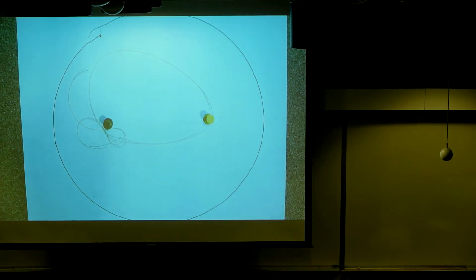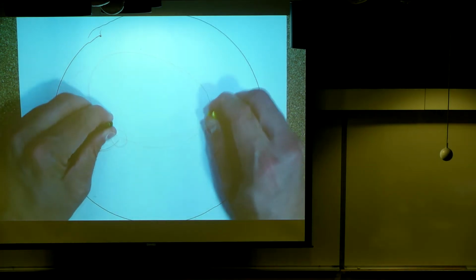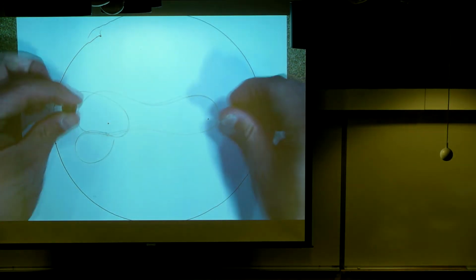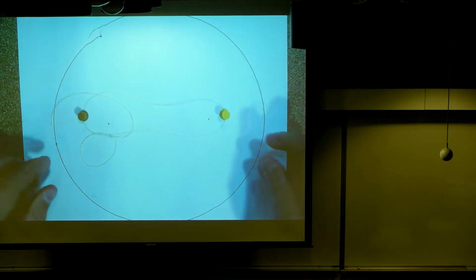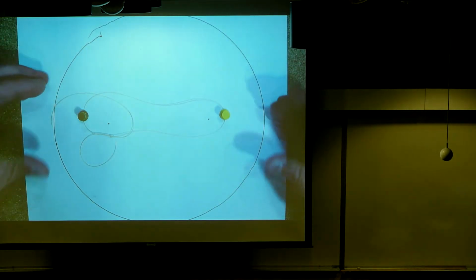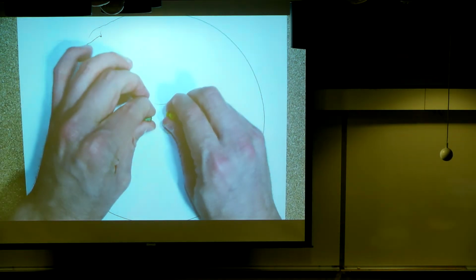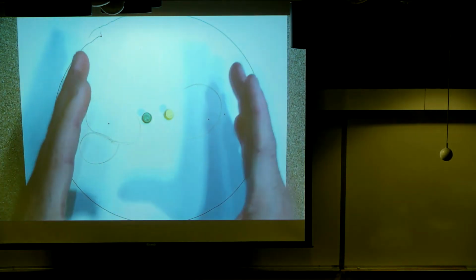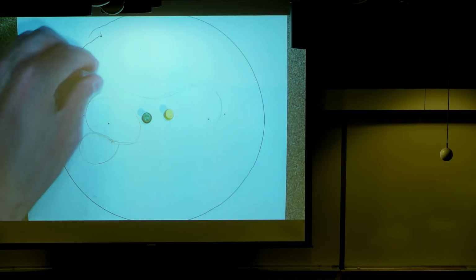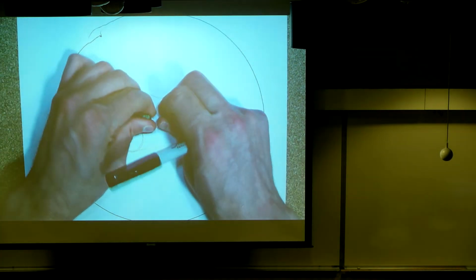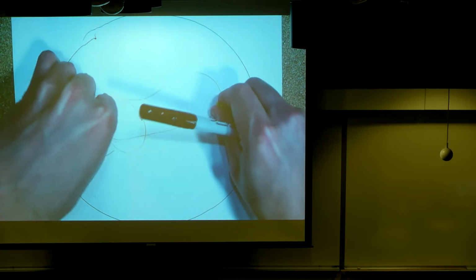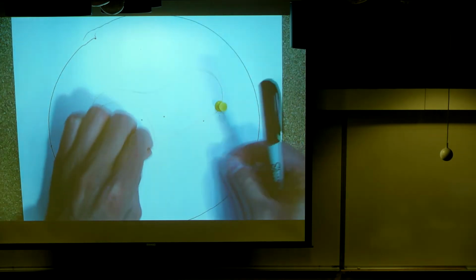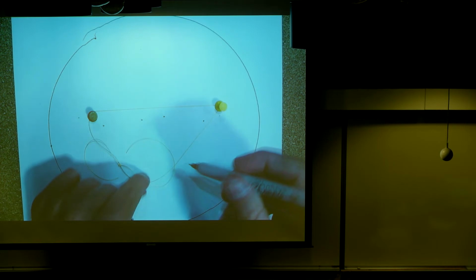By the way, if I make my focal points wider, space them apart more, then I'll get a more elongated ellipse. If I put them closer together, then I'll get something that's closer to a circle. So let's try to make a really elongated ellipse. How about that? Put the two focal points really far apart.